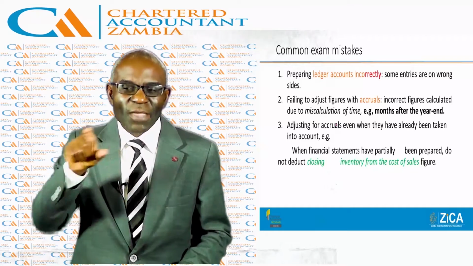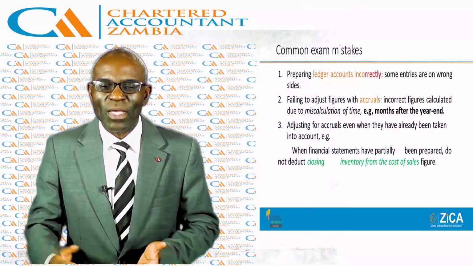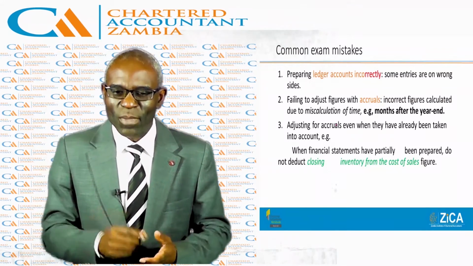The second mistake is that of handling accruals. Like I earlier mentioned, most figures are wrongly calculated because the time factor in the calculation was wrongly arrived at. Please ensure you know how many months after the end of the year when the payment is excessively made.